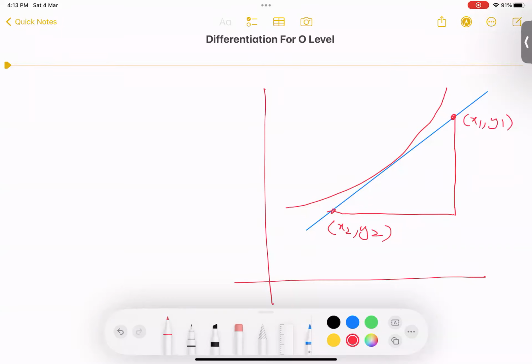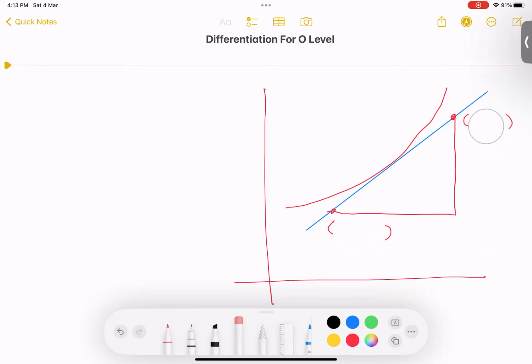If I ask you what this gap is, you say, sir, the y coordinate from here is y1, and this y coordinate is y2. So this is y2, students, and this is y1. Sometimes it is reversed, even.